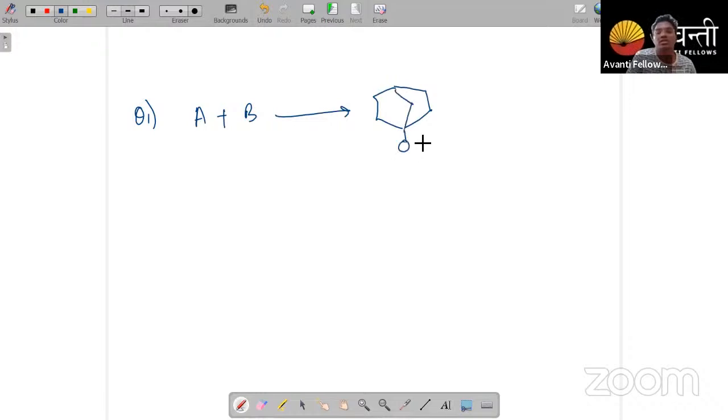Okay, so this is kind of product. I just want to see how many people can get it. So again, I'm going to give you two sets.